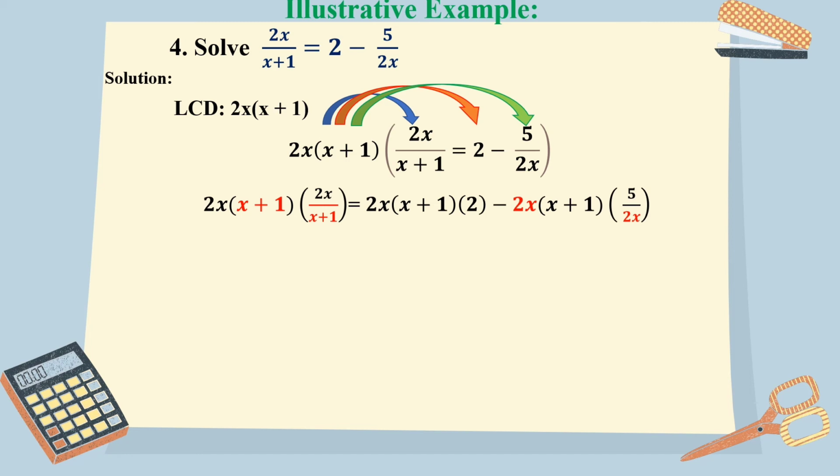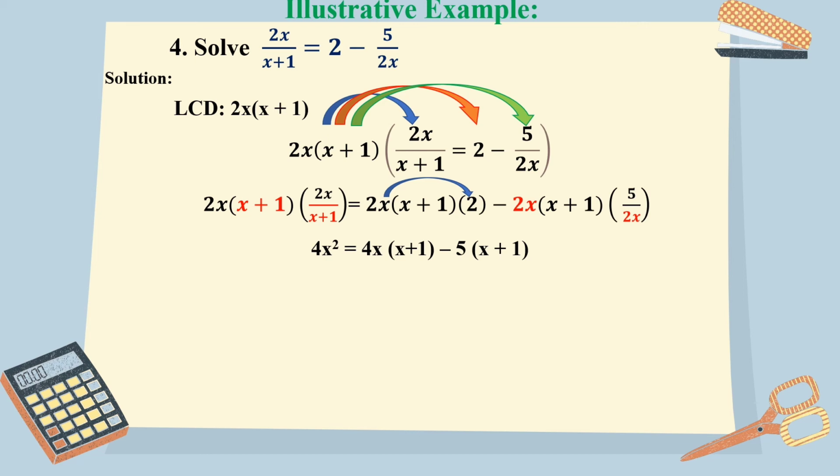Notice that I put color red x plus 1 and 2x. And that means it can be cancelled out. Okay, let's simplify. We now have 4x squared is equal to 4x quantity x plus 1 minus 5 quantity x plus 1.